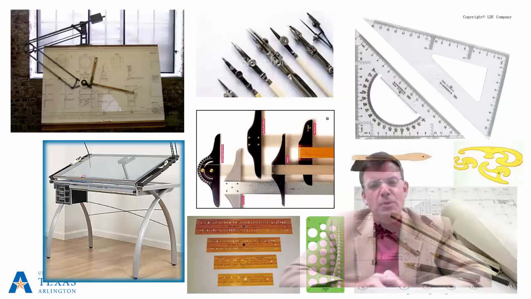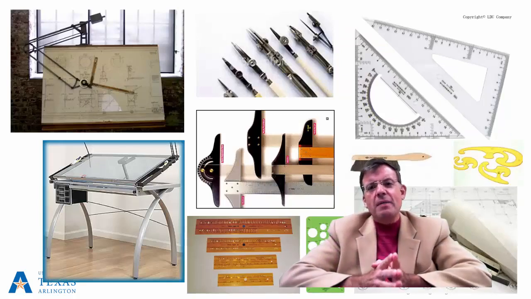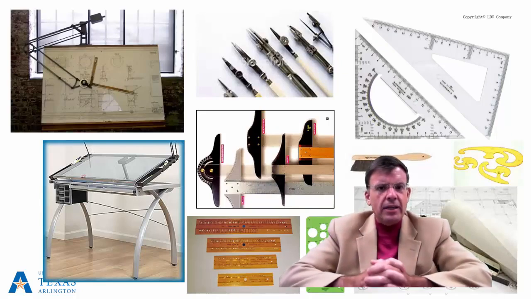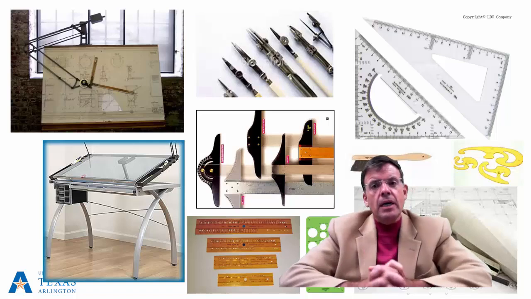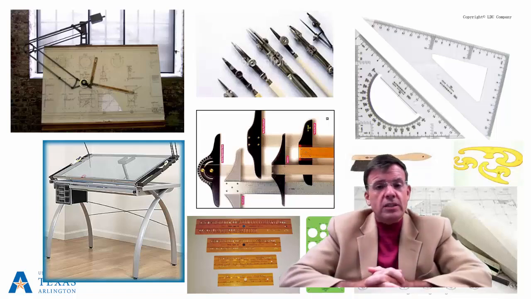Well, before it got to this point, engineering graphics was in fact a mainstay of engineering education. You learned engineering graphics through what used to be known as board drawing.